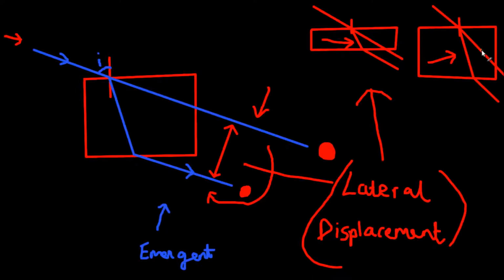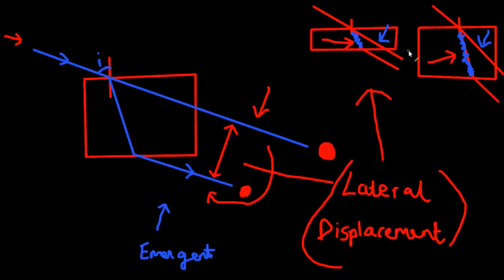So the further this ray here, I'll take a different color, the further that this ray travels inside the glass block, the more will be the lateral displacement, because the more it moves away from the rays here on the side. So those are two factors.